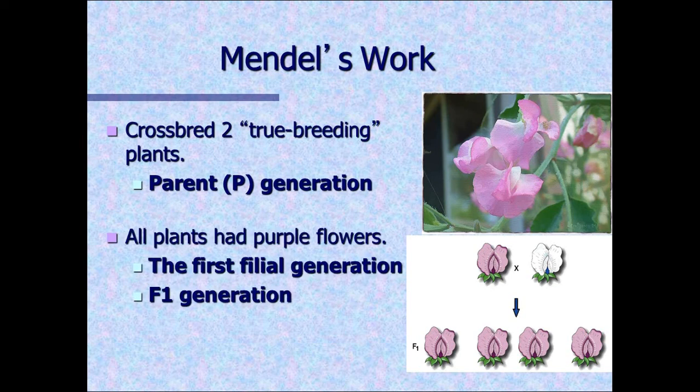The first generation of offspring, or the F1 generation, all had purple flowers. The white color had, for this generation, disappeared. In this experiment, Mendel moved the pollen from one flower to another himself, so he knew that no mistake had been made.